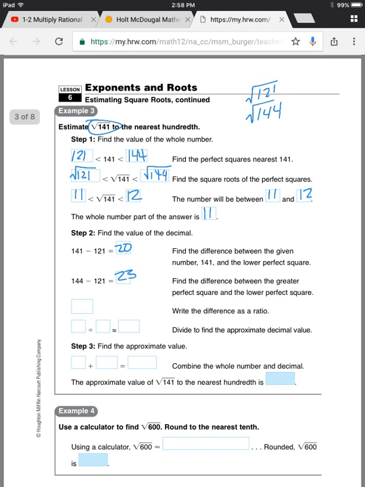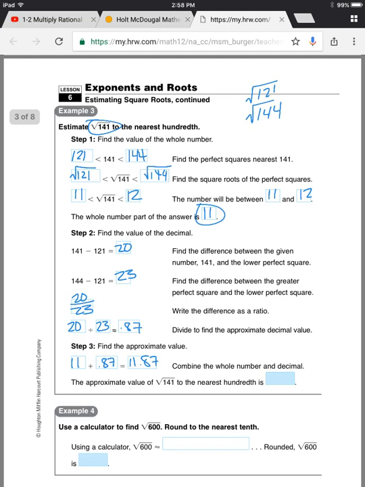So we get 20 over 23. We make that into a fraction or a ratio, and then we divide. So we take 20 divided by 23, and we get 0.87. So then to find the approximate value, we take the whole number part of 11 plus 0.87 and get 11.87.